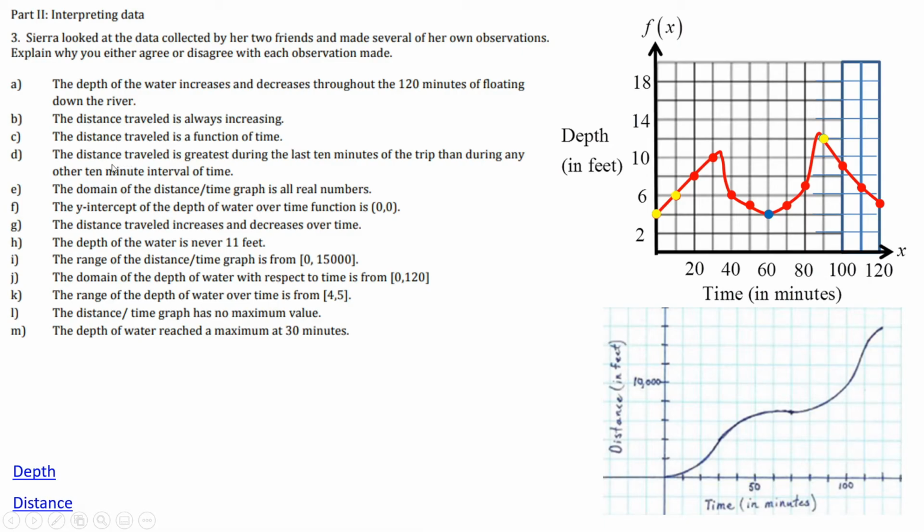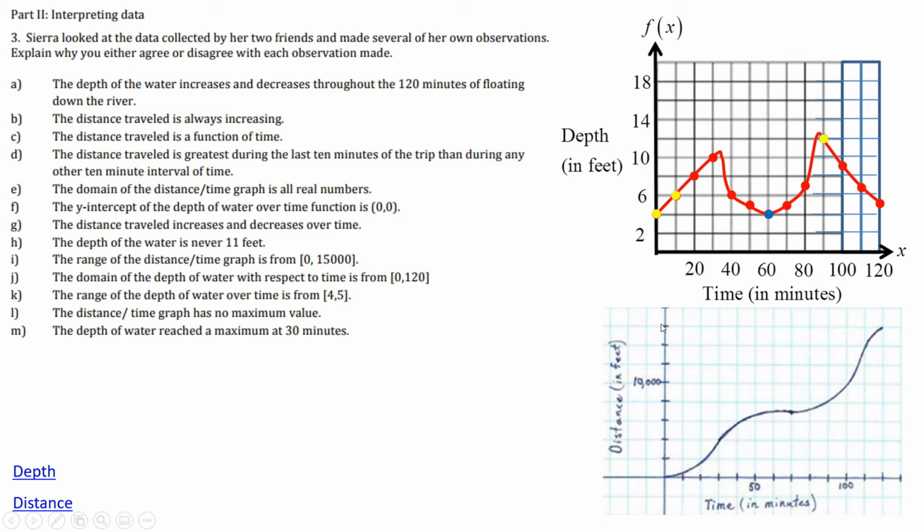Part D. The distance traveled is greatest during the last 10 minutes of the trip than during any other 10-minute interval of time. Well, so the last 10 minutes of the trip, the distance traveled went from, what was that, 14,000 feet to 16,000 feet.